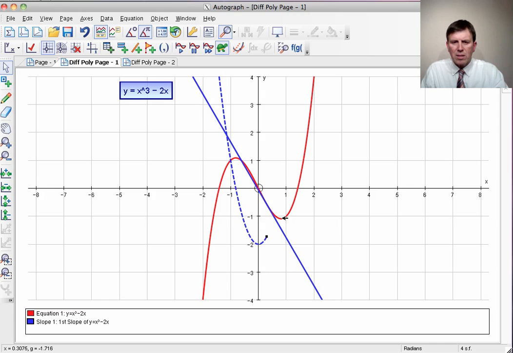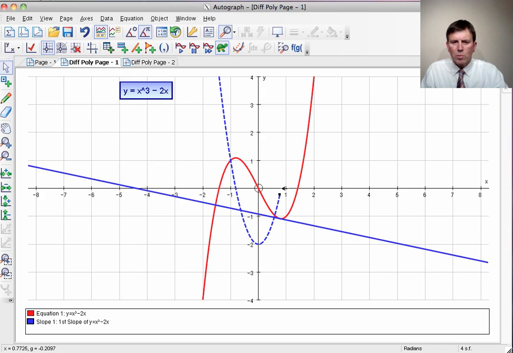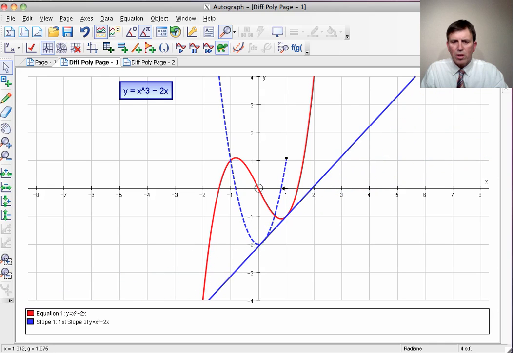And by the time it gets to this turning point, we'll find the gradient will be plotted at 0. But then it just keeps on getting steeper and steeper as it goes round the curve. By the time it's finished, I've stopped plotting it when it gets to 2, we'll see that the gradient function is indeed a quadratic. It's the 3x squared minus 2 curve.